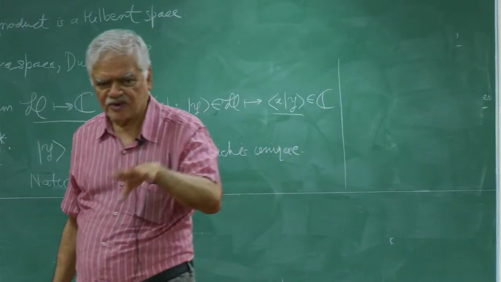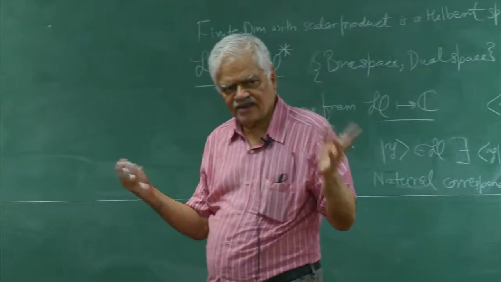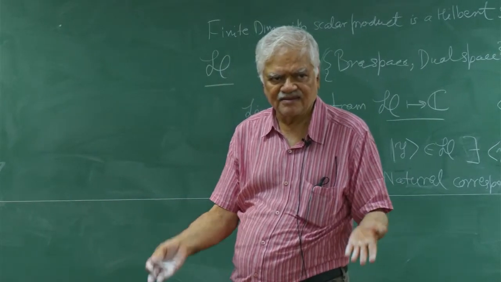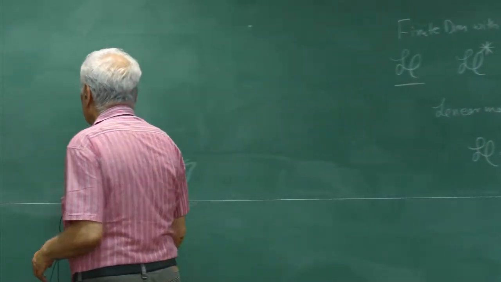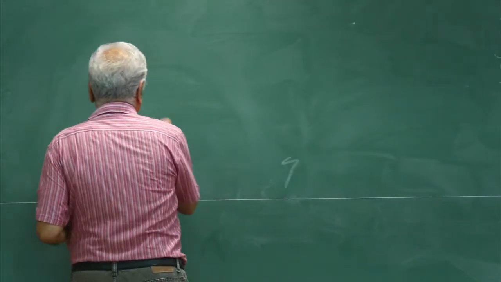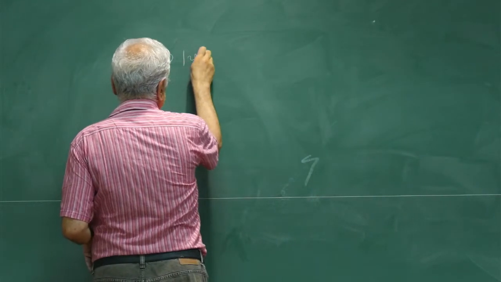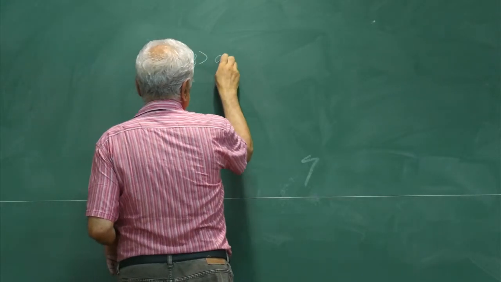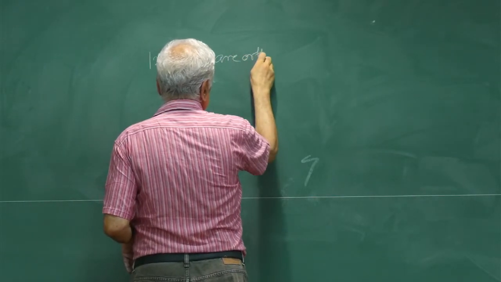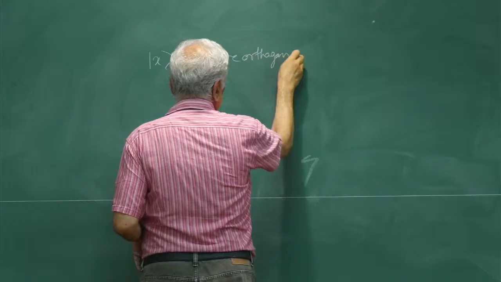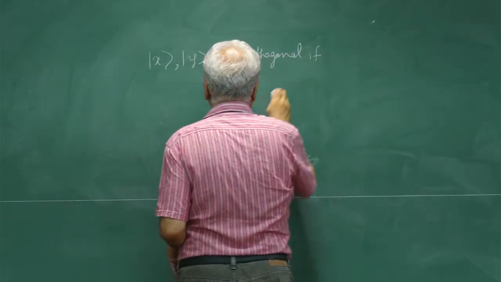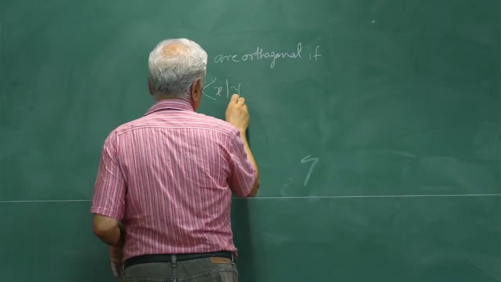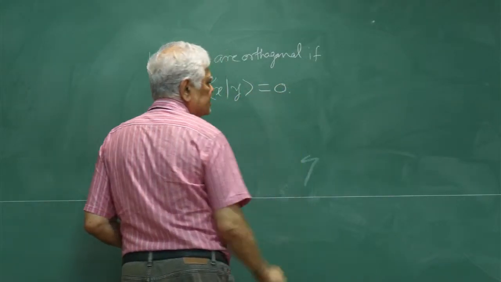We are choosing the way which is useful for quantum computation. So two states x and y are orthogonal if the scalar product vanishes.